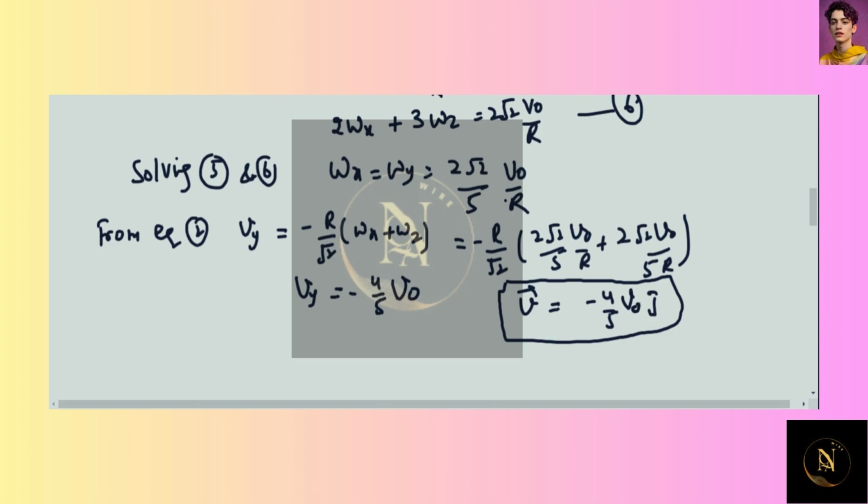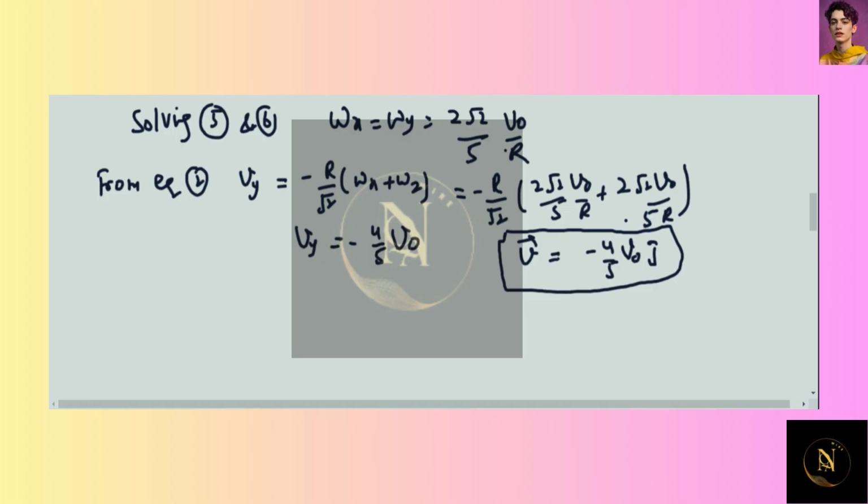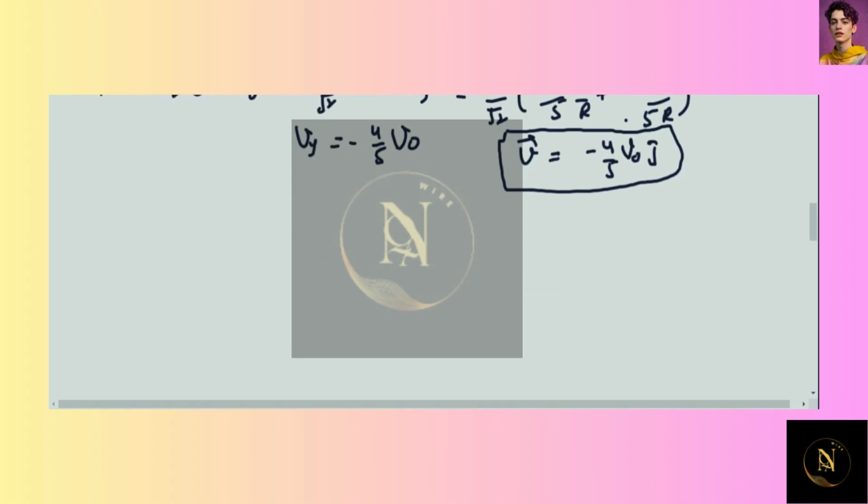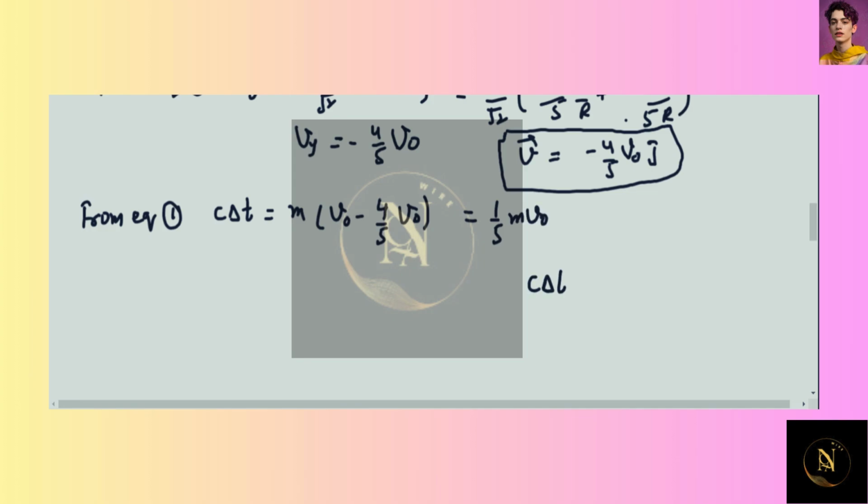Now impulse. From equation 1, C into delta t is equal to m v naught plus 4 by 5 v naught, so C delta t having the value.